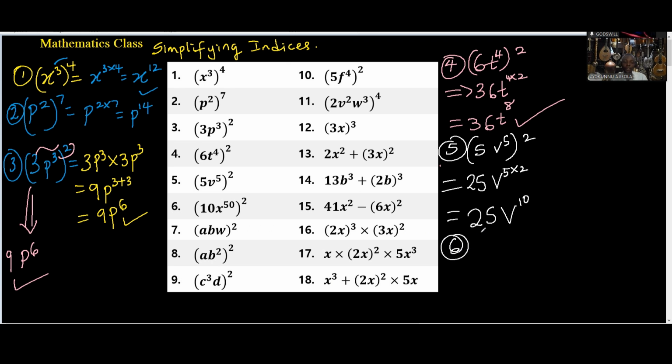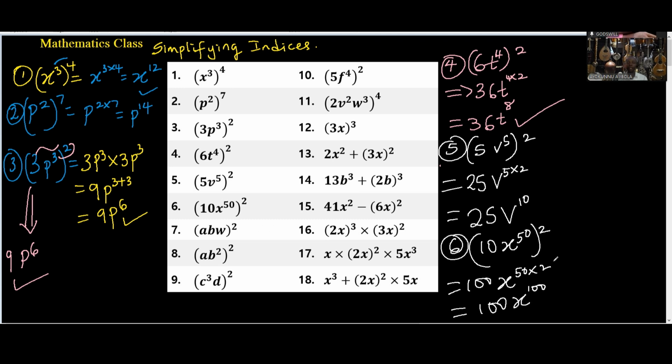Then number 6, we have 10x raised to power 50, also raised to power 2. So 10 squared is 100, then x raised to power 50 times 2. So this will be 100x raised to power 100. Is that clear? Yes. Okay. Number 7, let's take it to the bottom page.